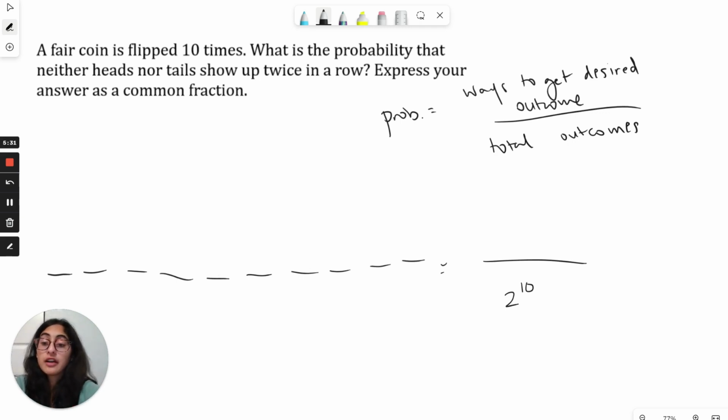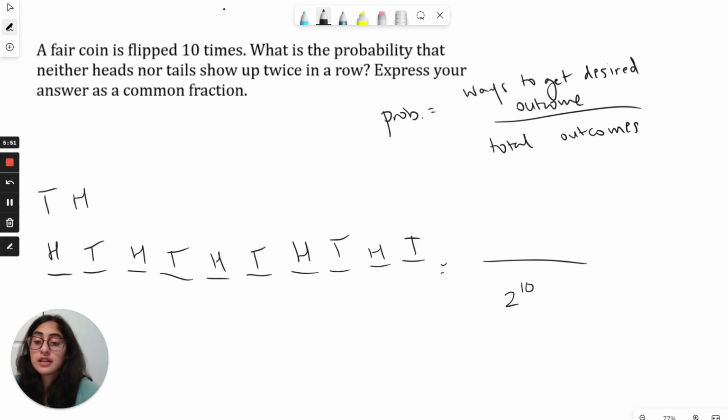So one thing we could have is heads, tails, heads, tails, and so on and so forth. And then another way this could happen is if we started with tails instead of heads, and it went like this instead. But besides this, there is no other way for neither heads nor tails to show up twice in a row. So these are the only 2 ways to get our desired outcome.